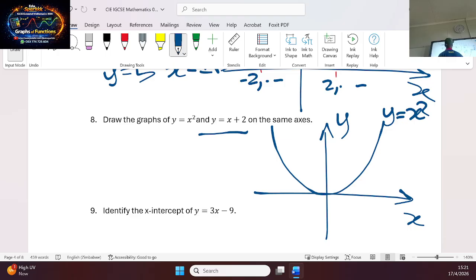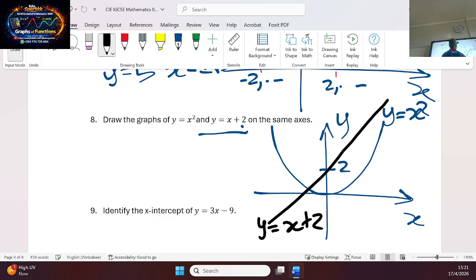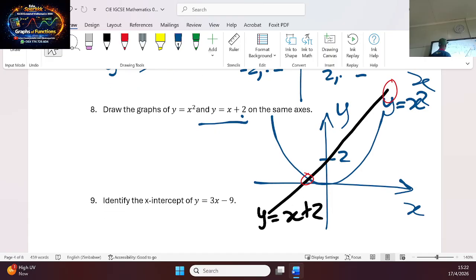So we'll just raise it up 2 units upwards. So where we have y equal to 2, let me draw it in black, it will be a line like this. That's y equal to x plus 2. So as we can see clearly, these two graphs are crossing each other somewhere at 2 points. Those will be solutions to the equation that we'll get from x squared equal to x plus 2.